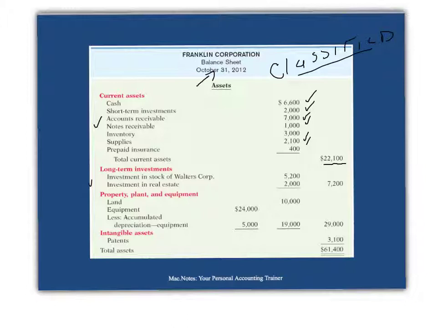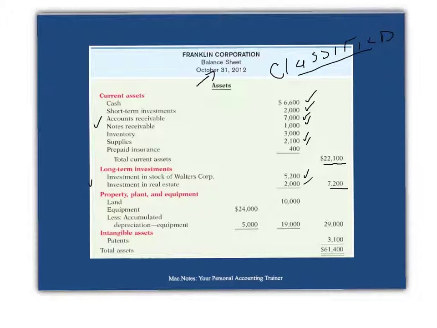Now, separate from that are what are called long-term assets. They're categorized as long-term investments. If I own stock in another company or if I invested in some real estate, I show that separately. Then I have a whole section called property, plant, and equipment, which are also called fixed assets. Now these assets are tangible assets. They're land, building, equipment, trucks, and things of that nature.